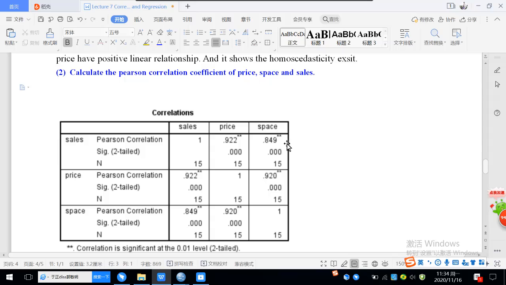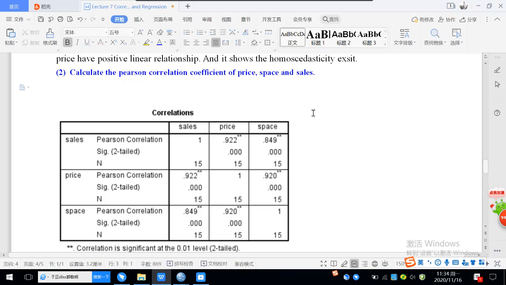Sales and space 0.849. Price and space 0.929. All the significance is less than 0.001. Hence, the correlation of 3 variables are very significant. Okay, that's the step 2.